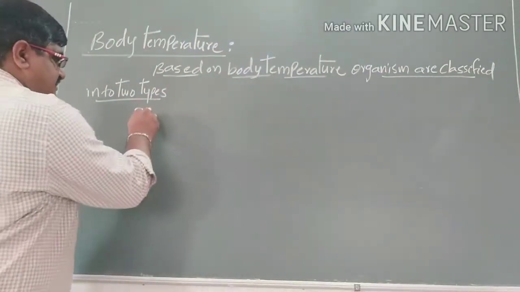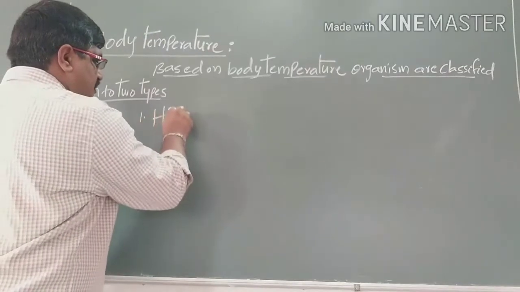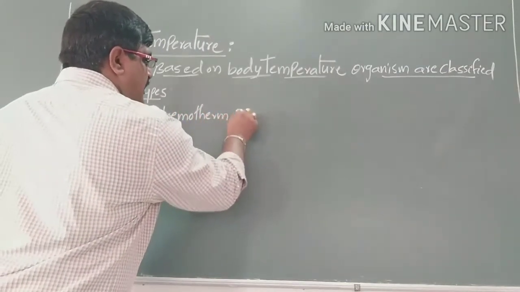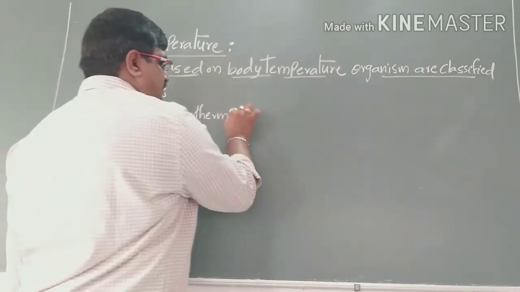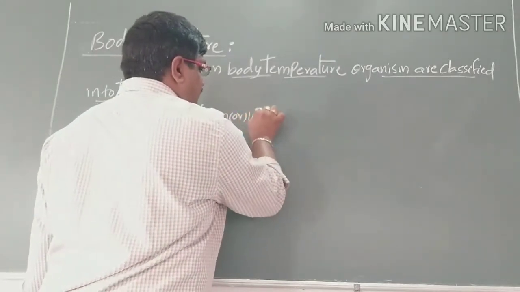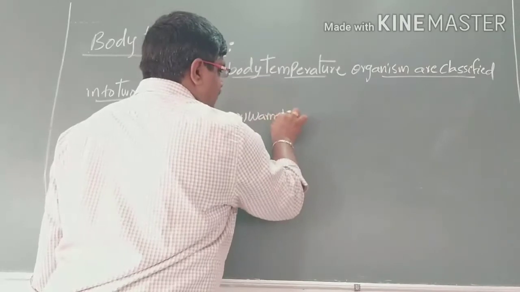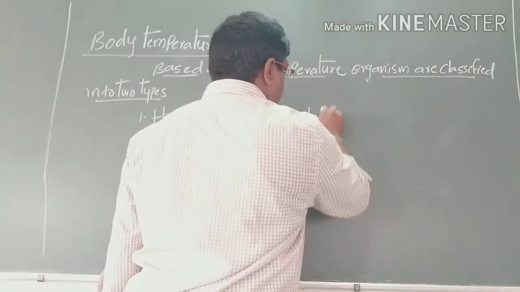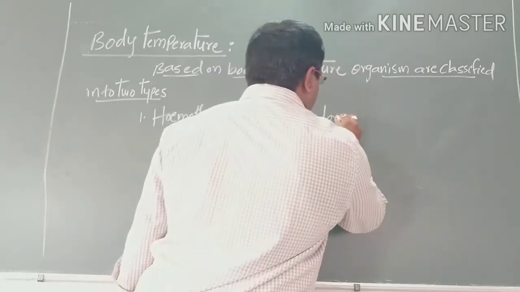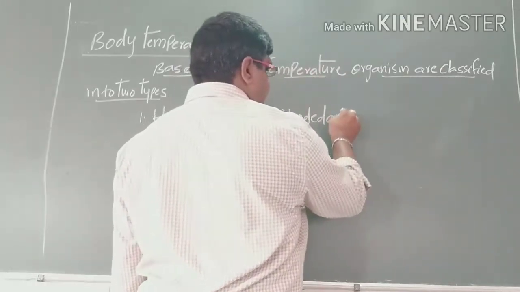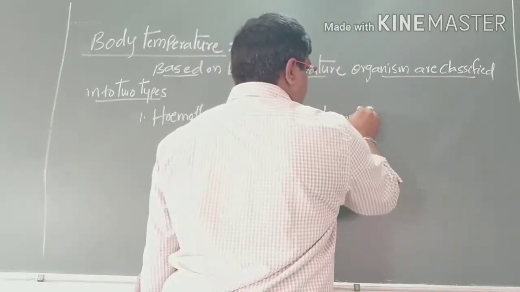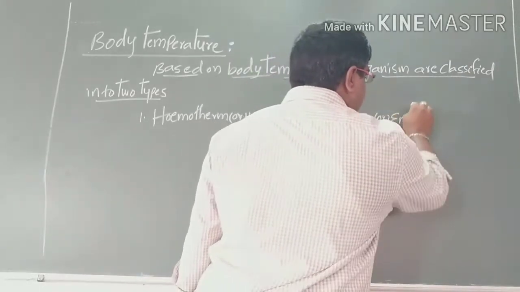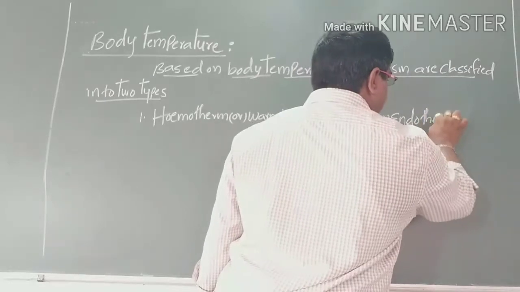The first one is the homeotherms, or otherwise you can call them warm-blooded organisms. Warm-blooded organisms we can also call endotherms or endothermic.